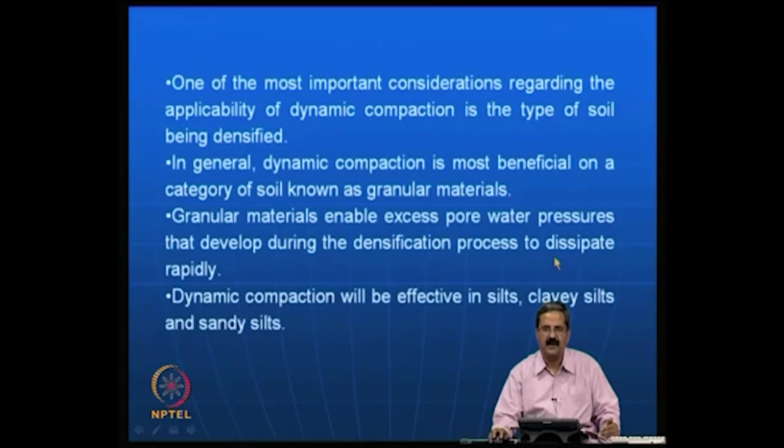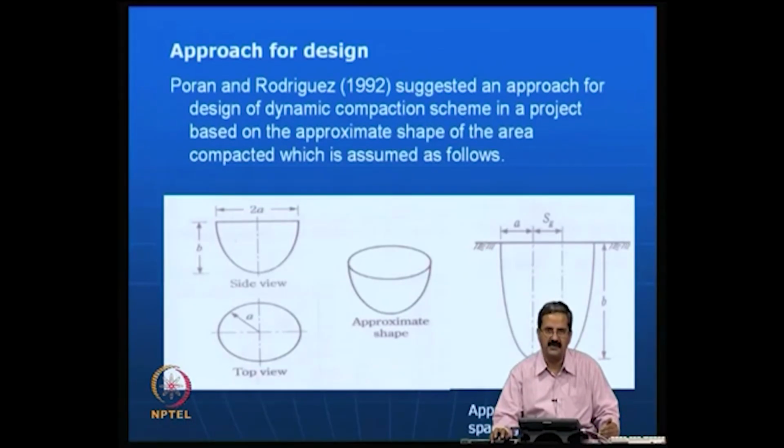Dynamic compaction has been used with considerable effect in coarse grained soils, and it has also been quite effective in silts, clay silts and sandy silts, as well as in municipal solid waste. It is one of the preferred options, particularly when you need the area to be ready in a fast manner.